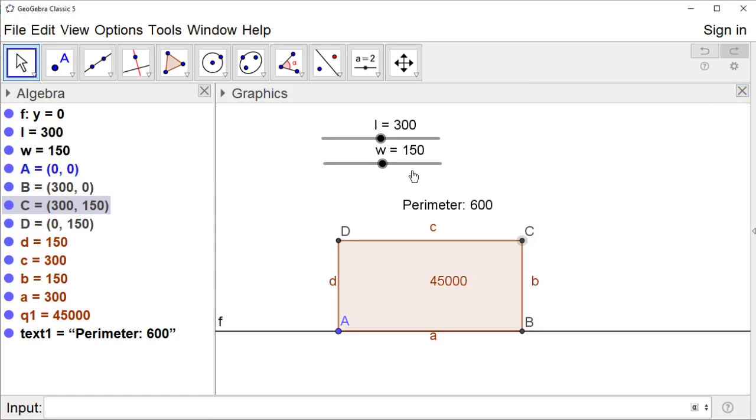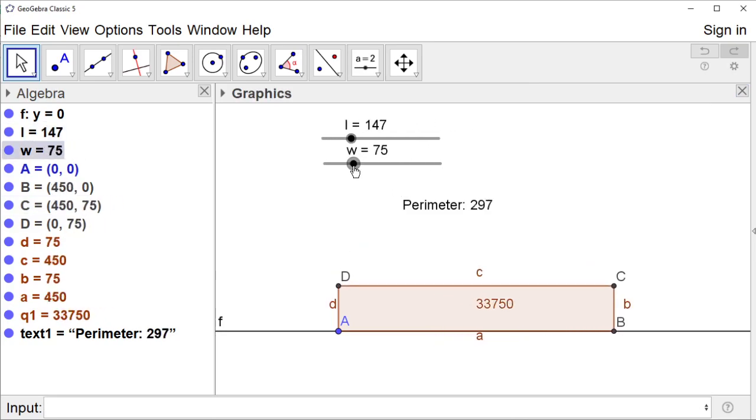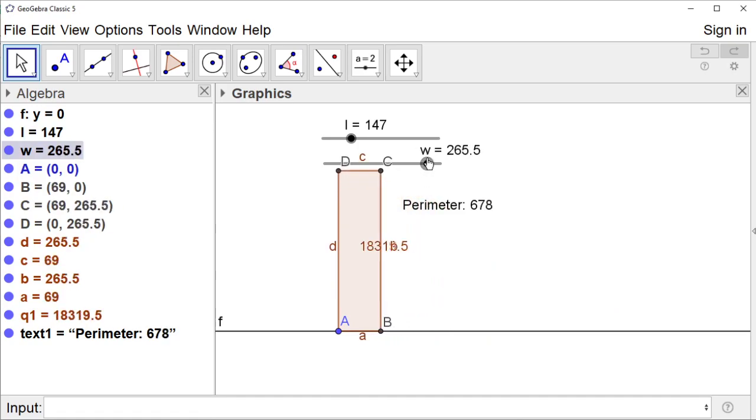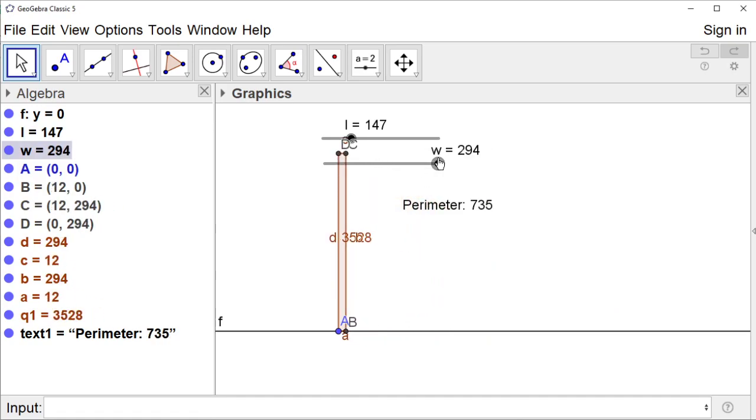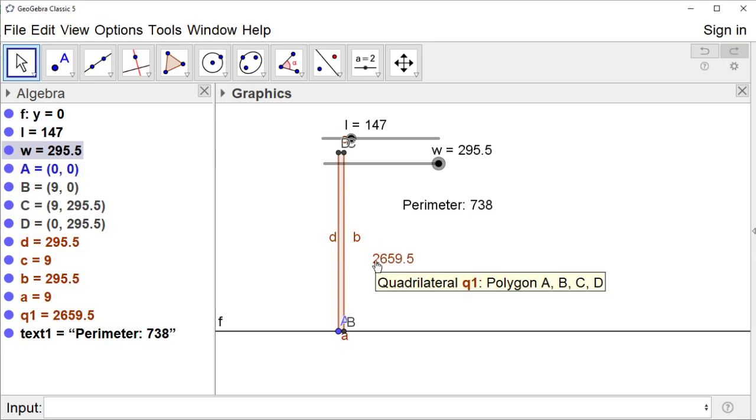So you can see now, L no longer does anything, right? W controls both dimensions. And you can see that if I make a very wide fence that's not very long, its area really suffers, right? It's only 2,000, whereas our good one had more like 45,000.